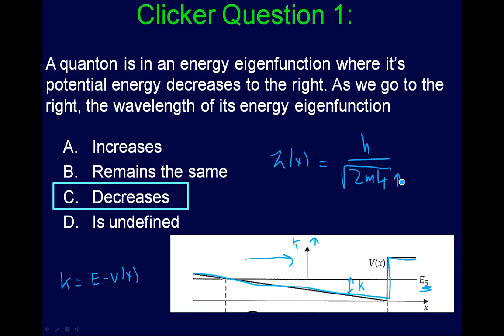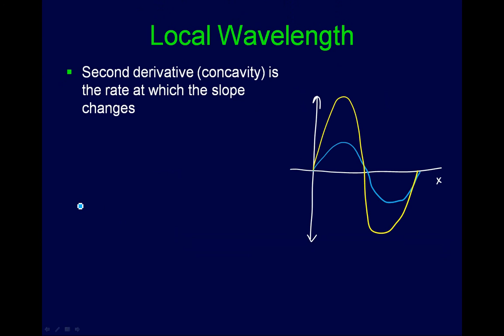So if the kinetic energy is increasing, the wavelength is going to be decreasing. So in a case like this, this potential is decreasing, and so as it decreases, the kinetic energy of this system would be increasing, and so the local wavelength is going to be decreasing. And so this is the type of information you could use to help you sketch the energy eigenfunctions without actually solving the equation.